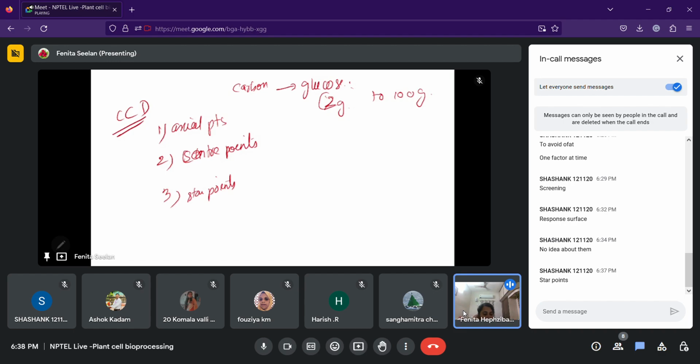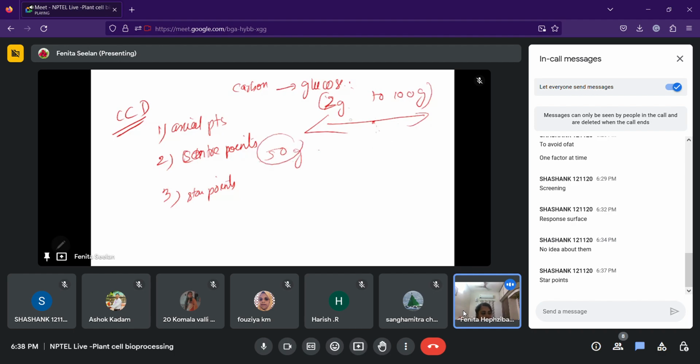I need to optimize this. So I cannot put 2 gram and wait for the result, then 3 gram and wait for the result. I can't do that, right? So this is my working range. In this I will take a center point among this. Say for example we will take 50. So that will be my center point, 50 grams.